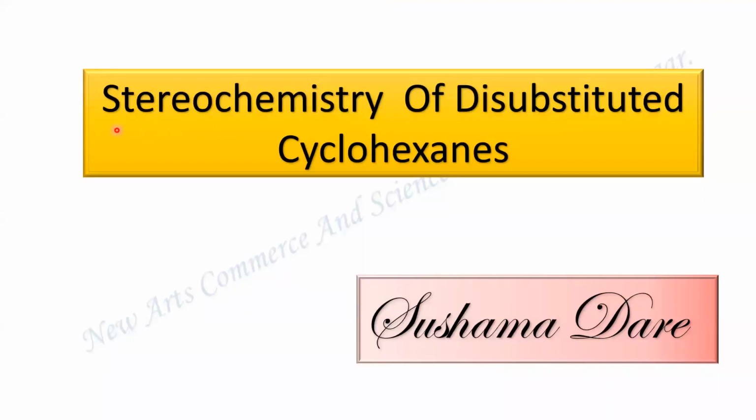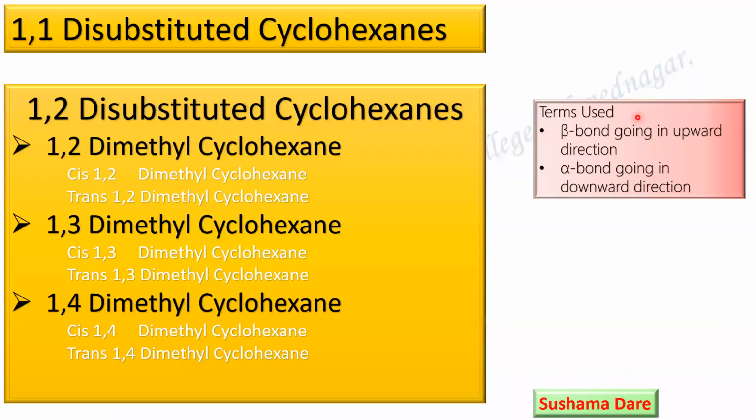Today, I am going to talk about the stereochemistry of disubstituted cyclohexane. In disubstituted cyclohexane, we have to discuss, first of all, 1,1-disubstituted cyclohexane, where both the substituents are present on the same carbon atom, or 1,2-disubstituted cyclohexane, where two substituents are present on two different atoms.